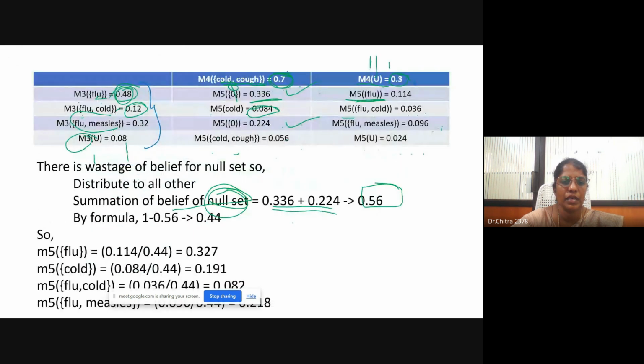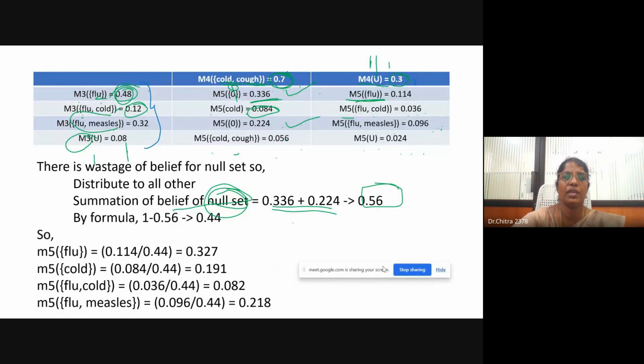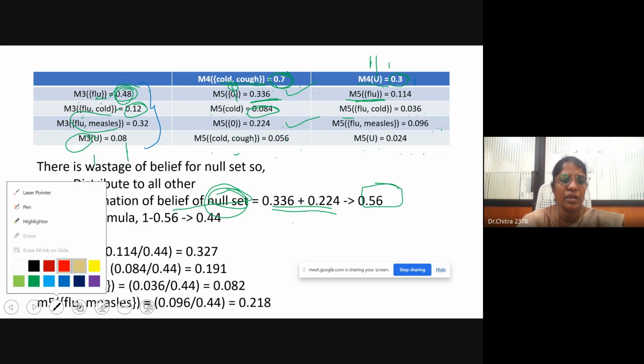The belief of the null set is 0.56, and by the formula, plausibility is 1 minus 0.56, which is 0.44. So these are the values to normalize. Now divide all the values by 0.44.